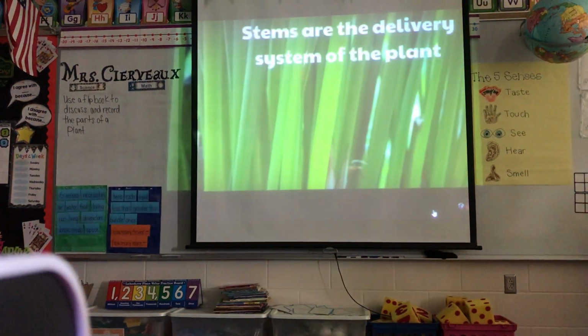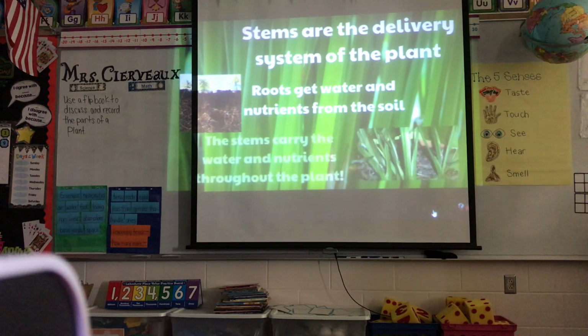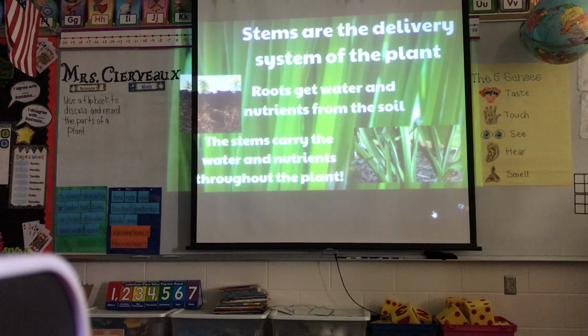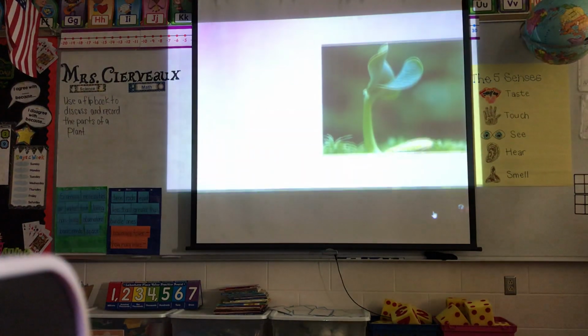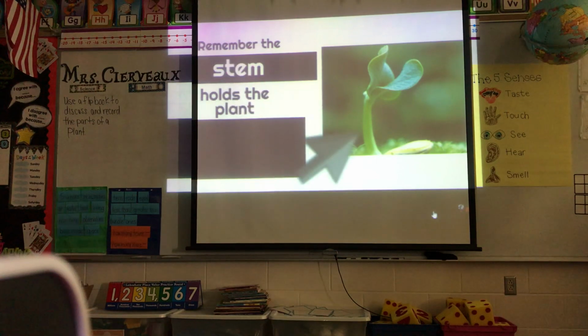Stems are the delivery system of the plant. Roots get water and nutrients from the soil, and the stems carry the water and nutrients throughout the plant. Remember, the stem holds the plant above ground.